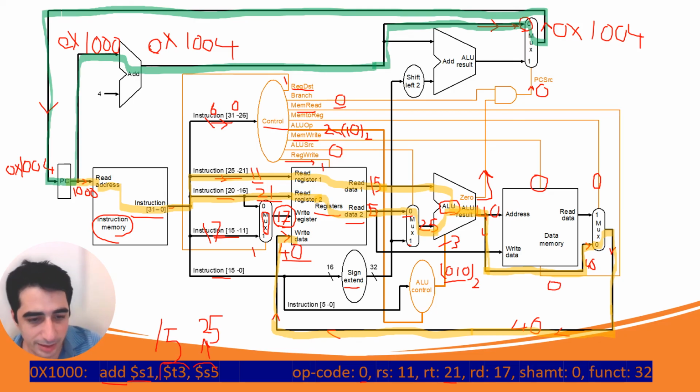Now you may say, then what happened to this, let me use a purple one, to this path when I get out of the instruction memory, I get into this multiplexer and I get into this write register port. What happens to that? That one is not so important.